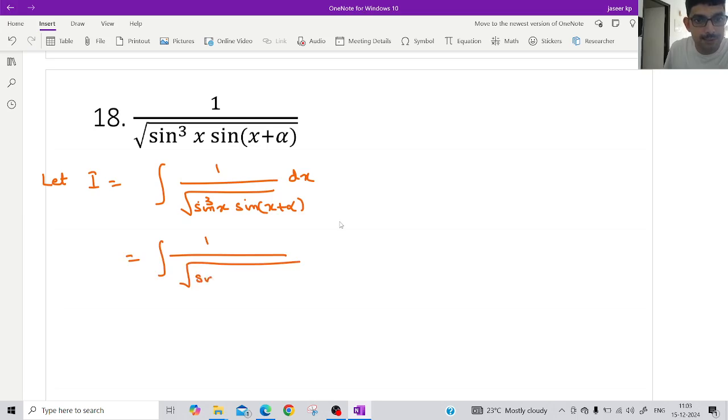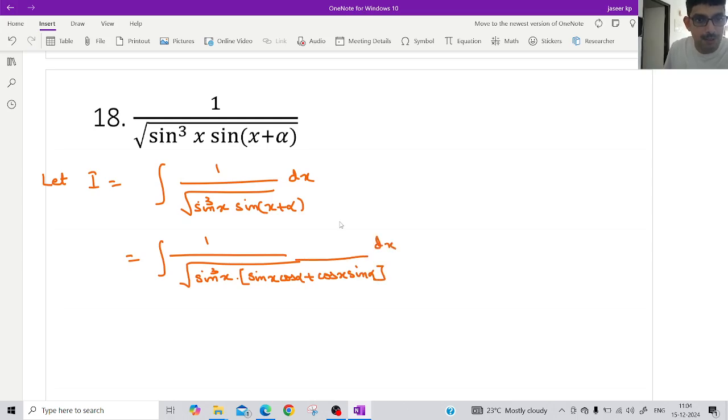Now we will be writing sine x plus alpha using the formula of sine a plus b. So that is sine x cos alpha plus cos x sine alpha dx.